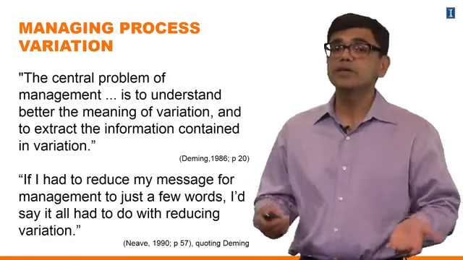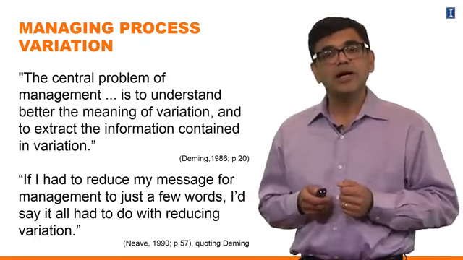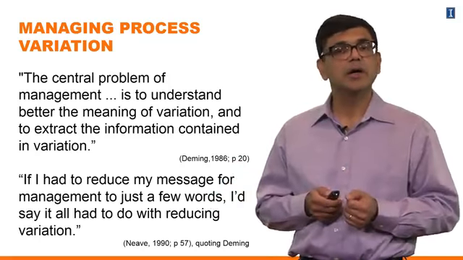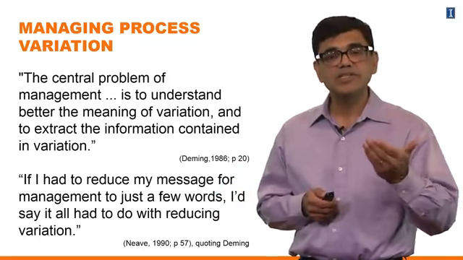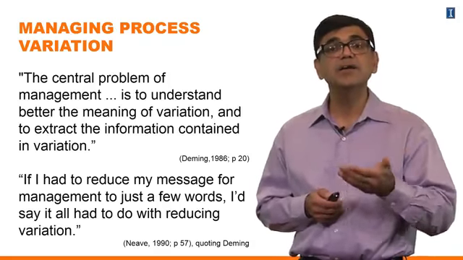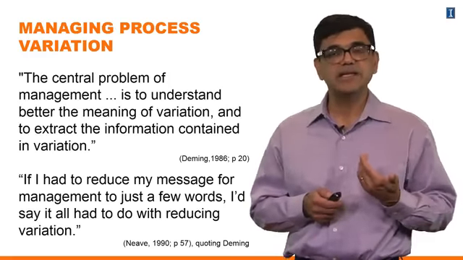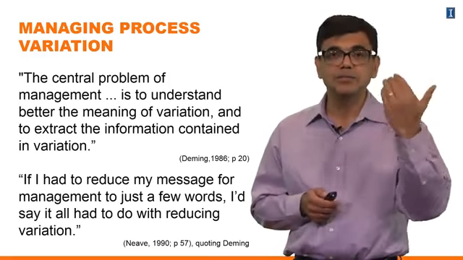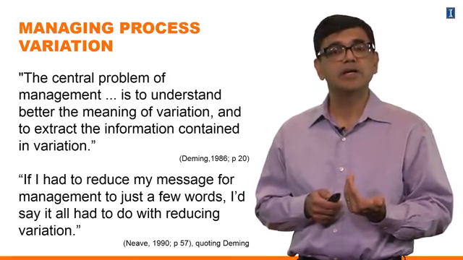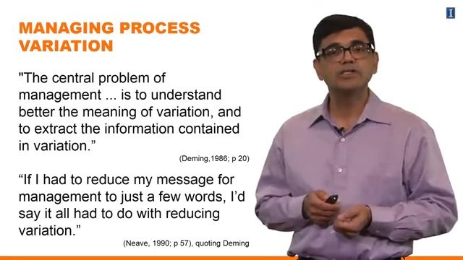And especially when you think of innovations and new products coming out every day, of course there's going to be some variation that comes into play in processes. So he's urging us to understand the meaning of variation, to be able to see what that variation is telling us. In order to do that, you measure, and then you assess how much variation there is and where you are in terms of what the customer wants.